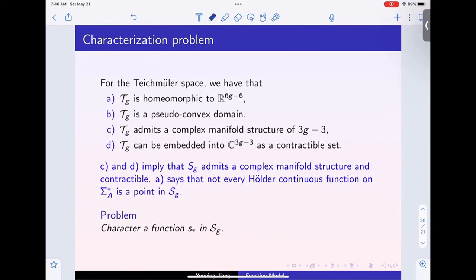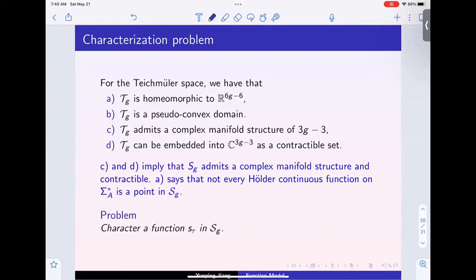So now C and D really talk about this function space also having a complex manifold structure and being contractible. But if you look at the function space of continuous functions on sigma A, that's infinite dimensional. The function space of Teichmüller space is basically only finite dimensional. That means not every continuous function will qualify as a scaling function of a Riemann surface.